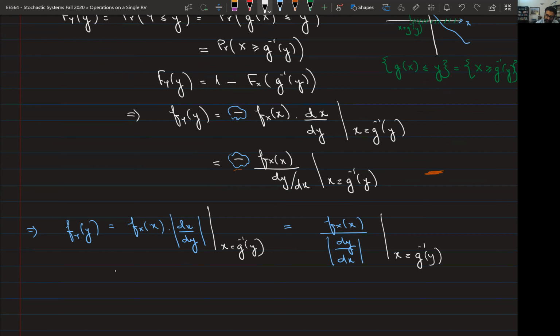These forms are applicable to any monotonic function, regardless of whether that monotonic function is increasing or decreasing.